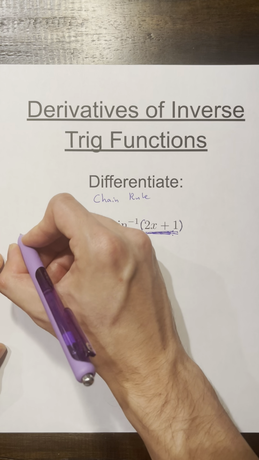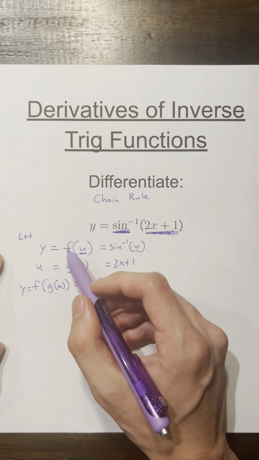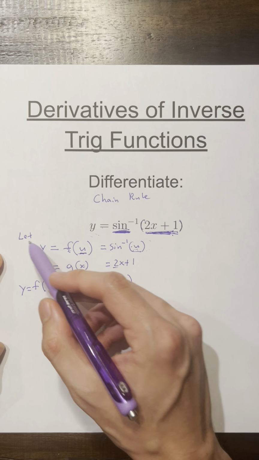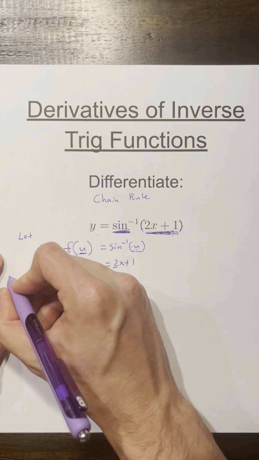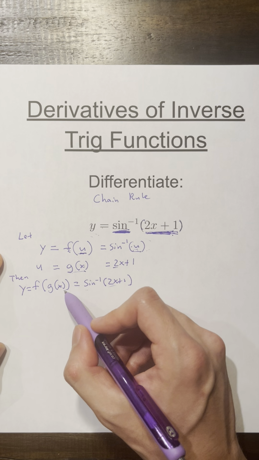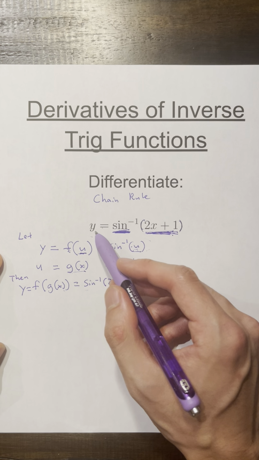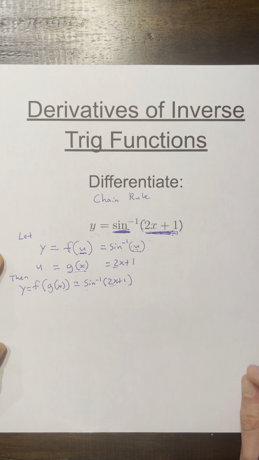Okay, so we let f be the outside function, we let g be the inside function, then y would be f of g of x, right?